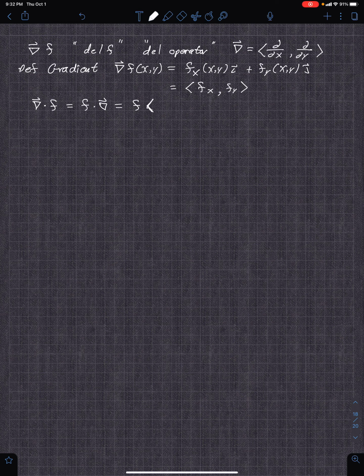It's like a product: f is a real valued function, and then these are your partials. You could even write it in the other order, it doesn't really matter. You multiply in and you still get the same thing: partial of f with respect to x, and partial of f with respect to y. So it's a vector. We call this a vector operator.